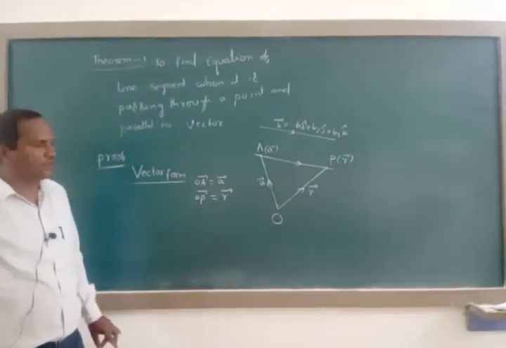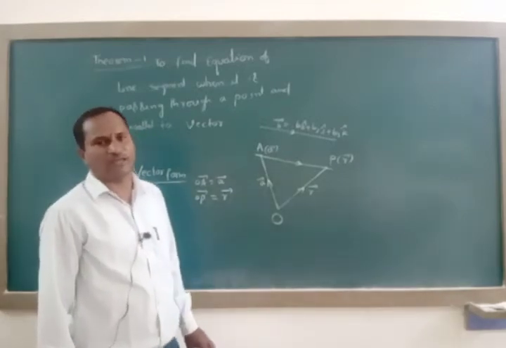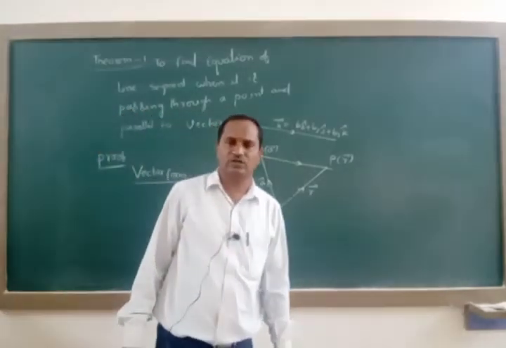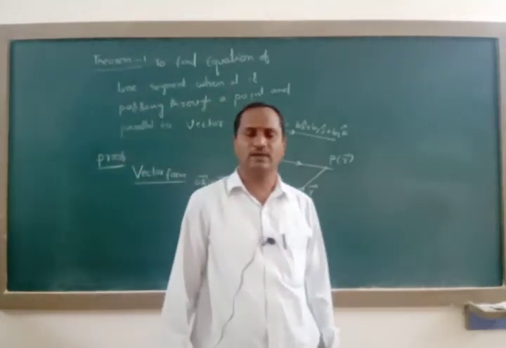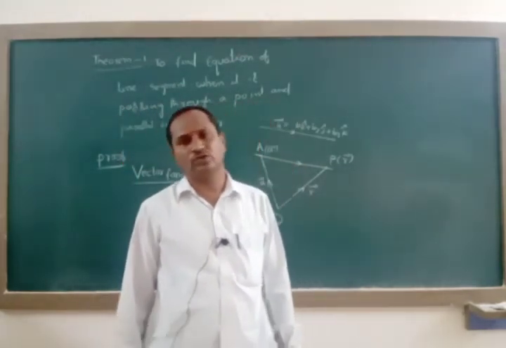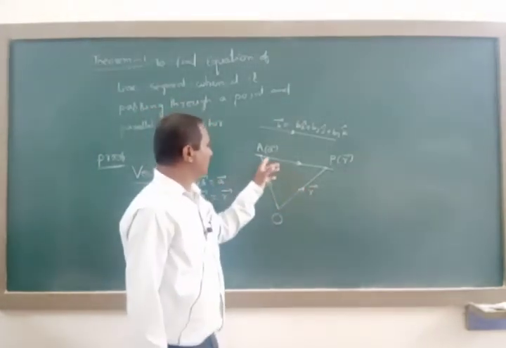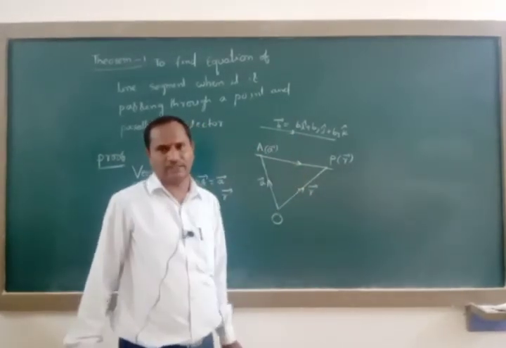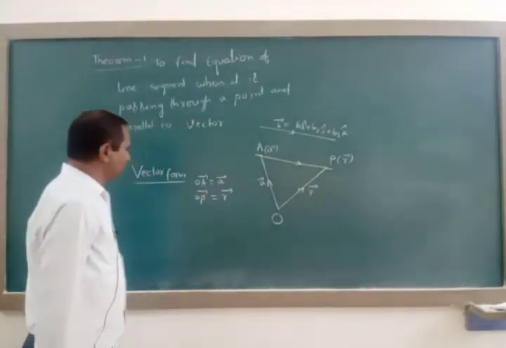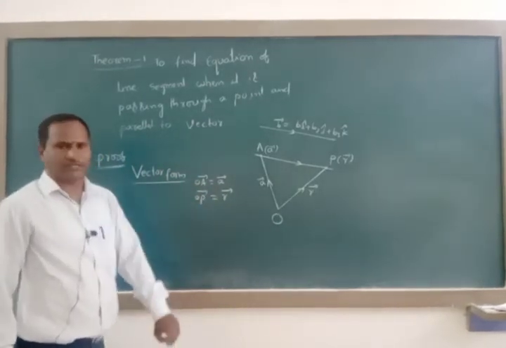That's why we have to apply the collinear vectors formula. When I told the definition of collinear vectors, I told one formula: A vector is equal to lambda into B vector. Here AP vector is equal to lambda into B vector. OA vector is equal to A bar and OP vector is equal to R bar.